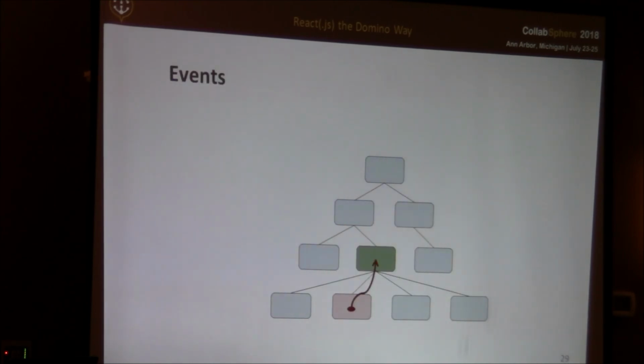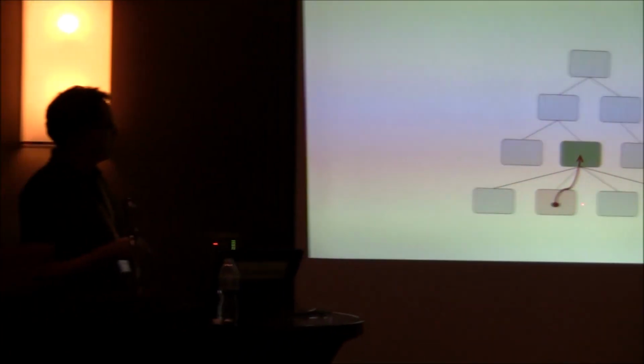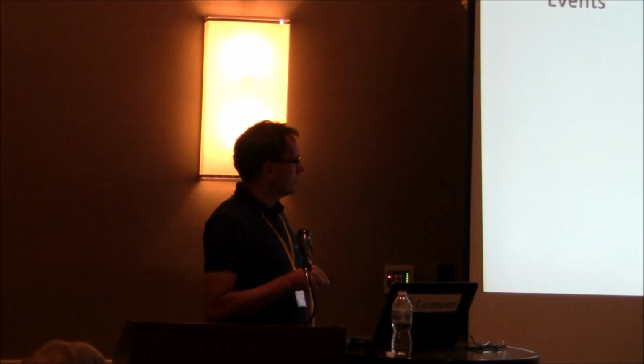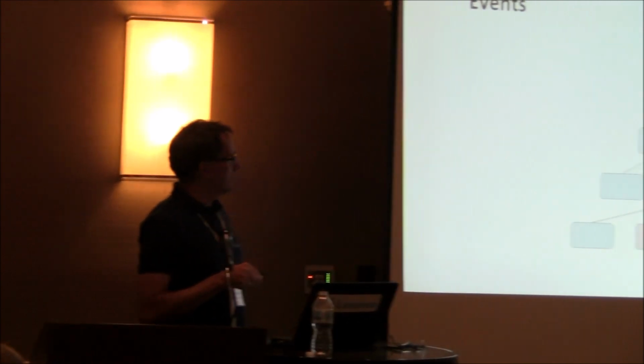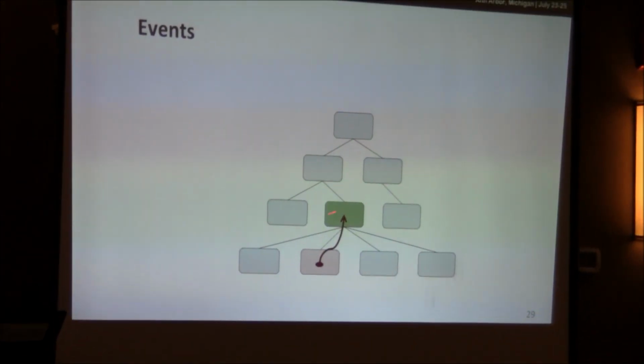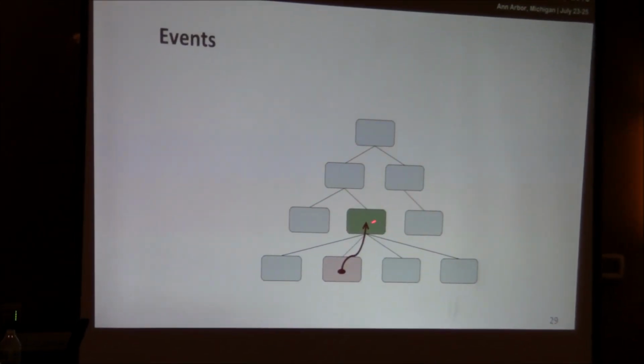Okay, let's look a bit further. So if I have here my component, it gets deleted, so it tells with a delete function, for instance, this component: delete me. And often that's not enough.